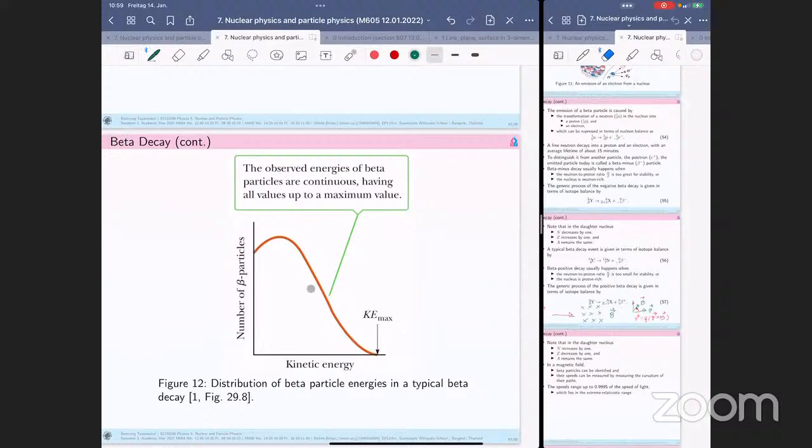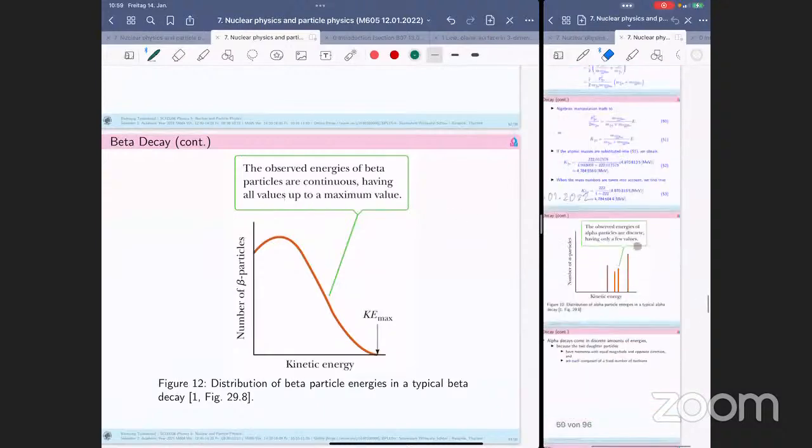So, what could we predict from this result? The observed energy of beta particles is continuous, having all values up to a maximum value. It's unlike the kinetic energy caused by alpha decay, helium-4 or the alpha particle, which is discrete.